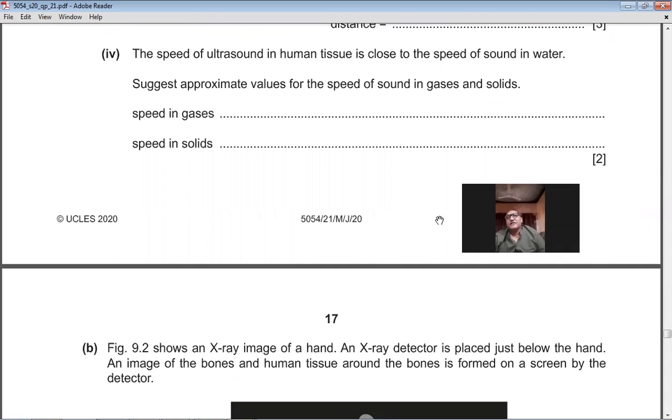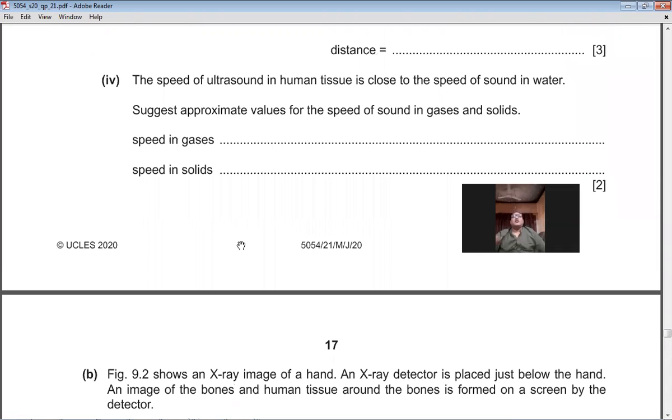He says, the speed of the ultrasound in human tissue is close to the speed of the sound in water. Suggest approximate values for the speed of sound in gas and in solid. Speed of sound in gas, like in the air, is 330 meters per second.